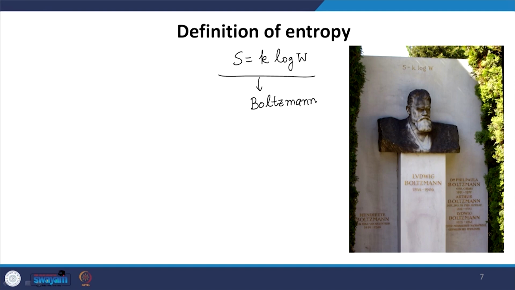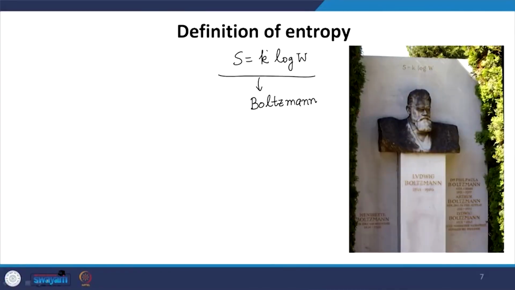It is a very unfortunate story that when Boltzmann derived this equation, no one believed in it back then, and he was so sad because of that he committed suicide. And much later after his death, this equation found so much value that he is very popular now.